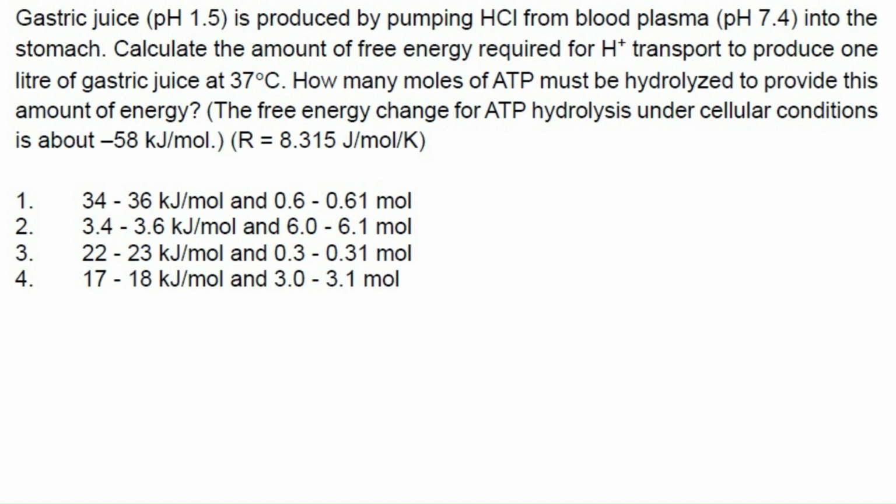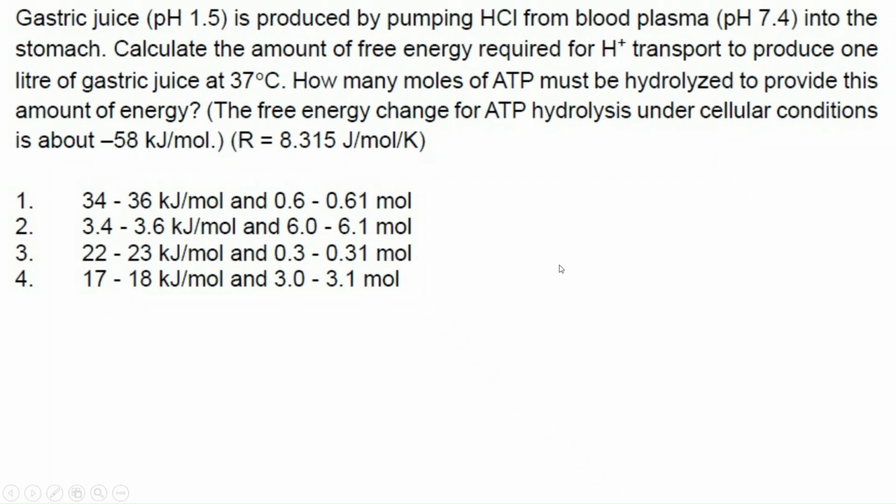Now calculate the amount of free energy required for hydrogen ion transport to produce 1 liter of gastric juice at 37 degrees Celsius. Now, how many moles of ATP must be hydrolyzed to provide this amount of energy? The free energy change for ATP hydrolysis under cellular conditions is about minus 58 kilojoules per mole. And the value of R, that is gas constant, is 8.315 joules per mole per Kelvin.